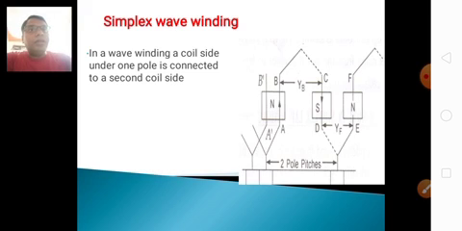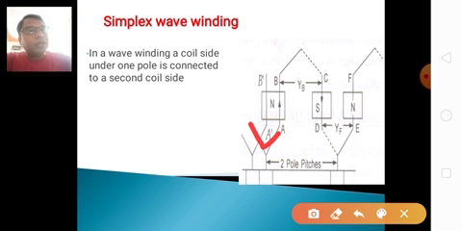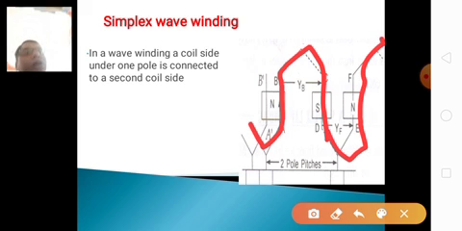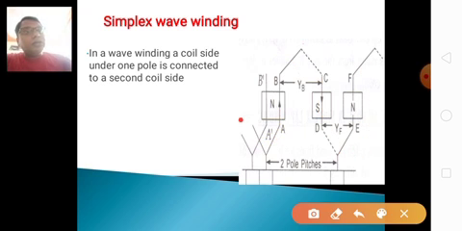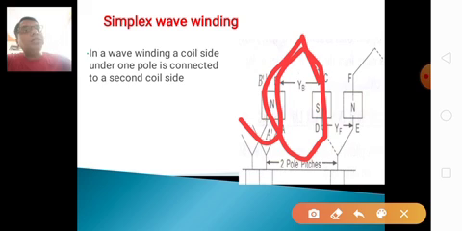Simplex wave winding. In wave winding, a coil side under one pole is connected to a second coil side. Suppose a coil is connected to a north pole and a south pole, and this south pole coil is again connected to another north pole coil. In a lap winding, the north pole coil is connected to the south pole, and again connected to this north pole only.